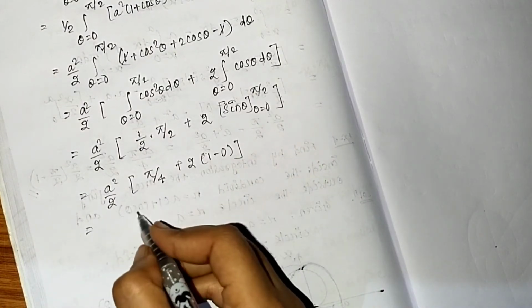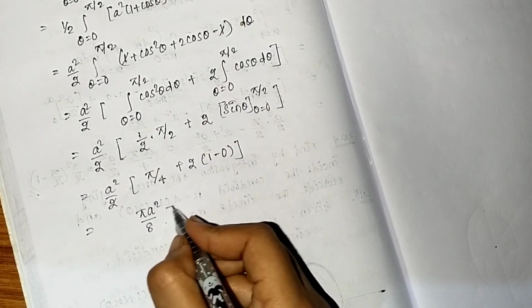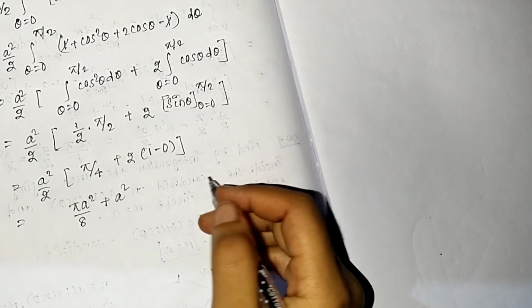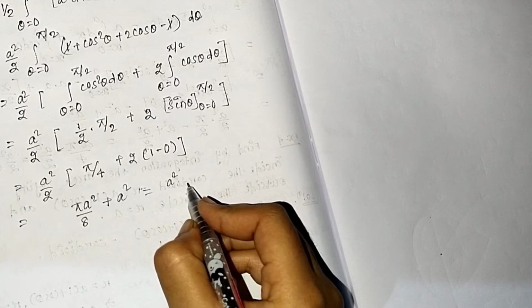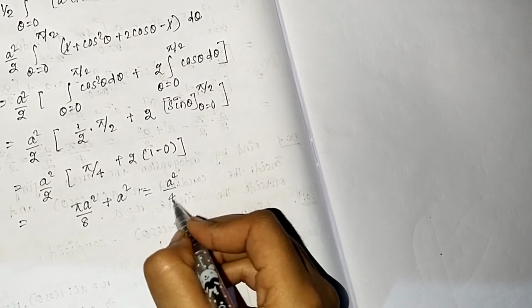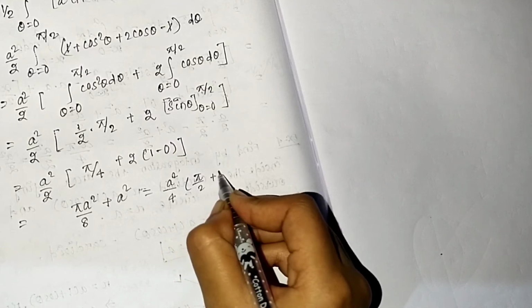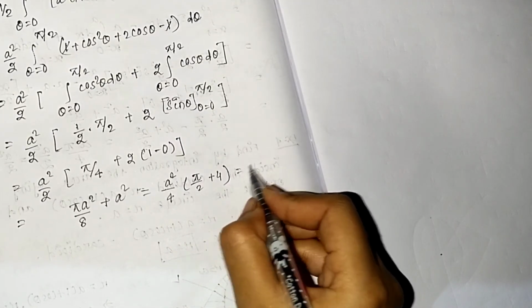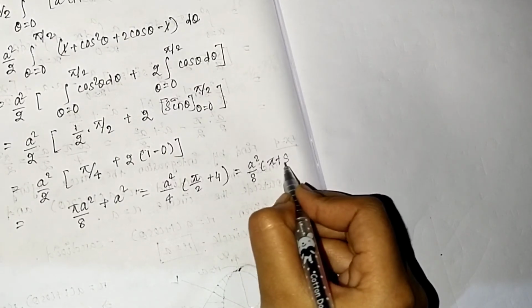So that is pi a square by 8 plus a square, taking a square by 4 common, pi by 2 plus 4. So that is equal to a square by 8 into pi plus 8.